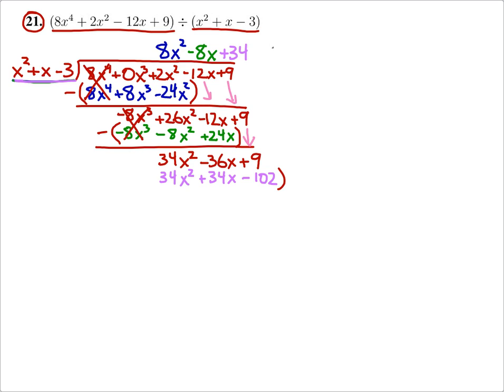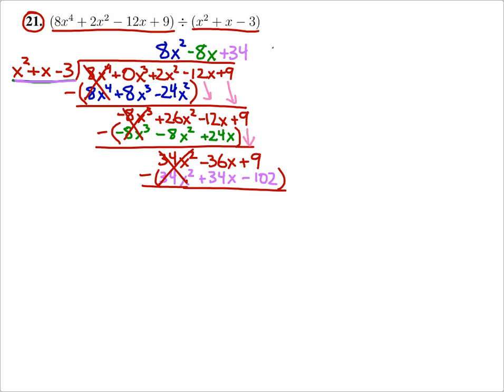This whole piece subtracts away. And again, happy, happy, joy, joy, the x squared terms cancel out. Those front terms need to cancel out at every step in every long division problem.